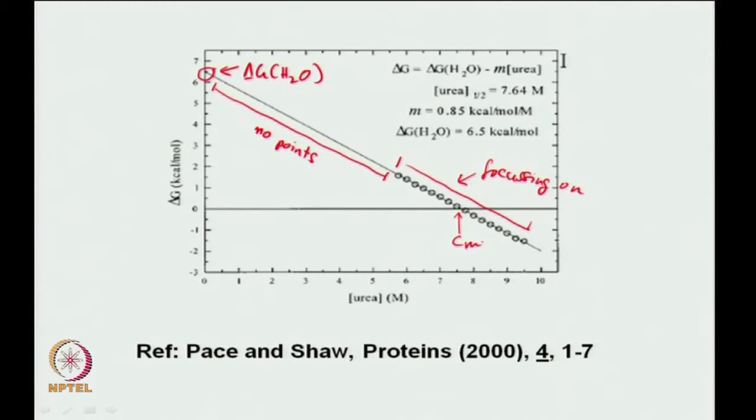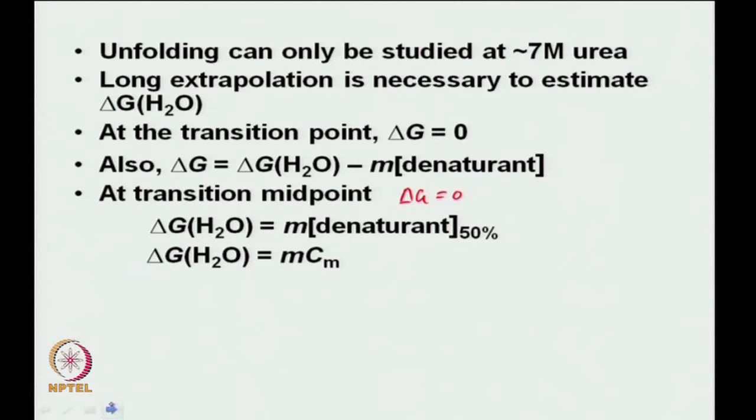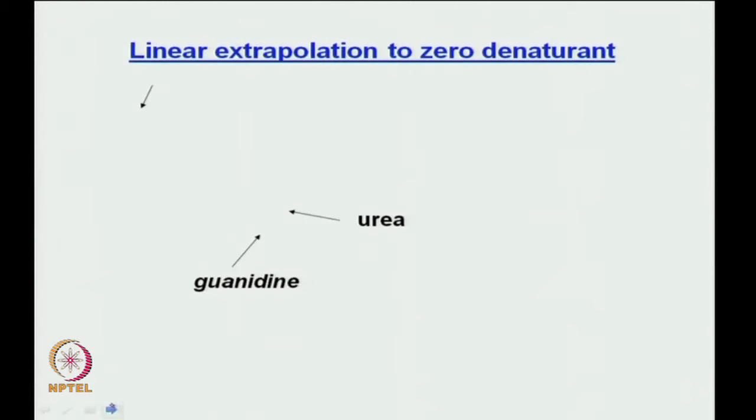This is where Cm is, because it corresponds to the delta G is equal to 0 line. See, you do not have to remember anything, right? You just look at the figure and everything is so evident to you, because you know what you are plotting. You are plotting delta G versus urea, and then everything follows, right. Okay.